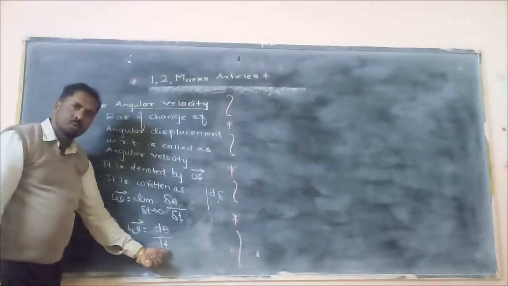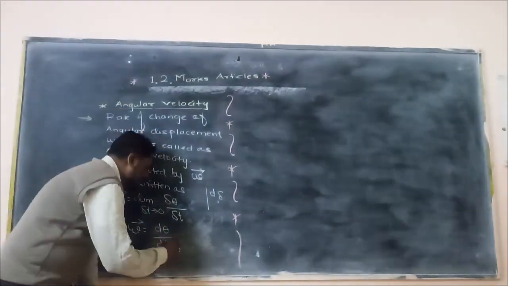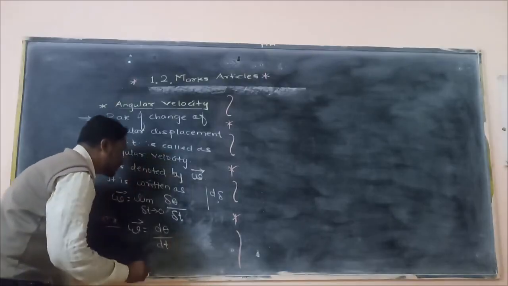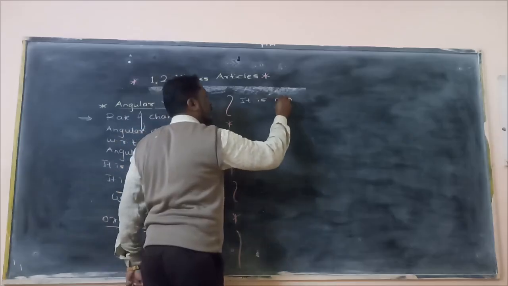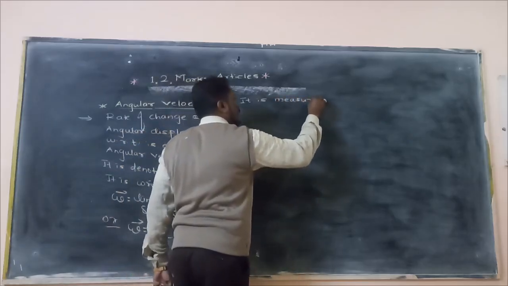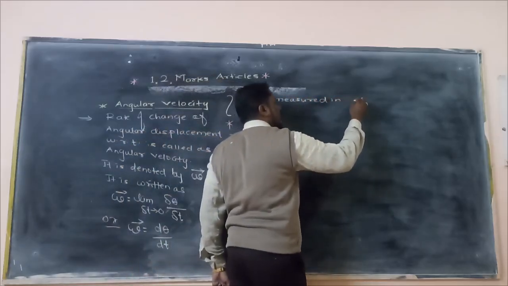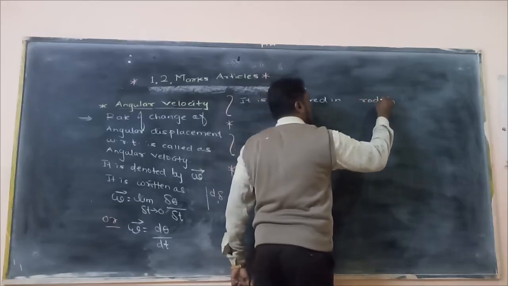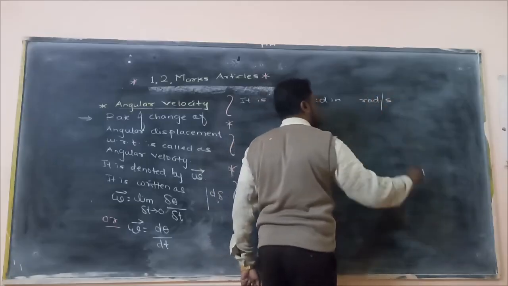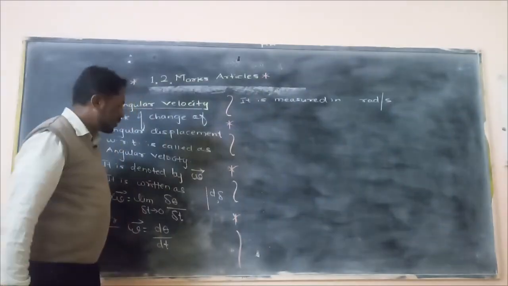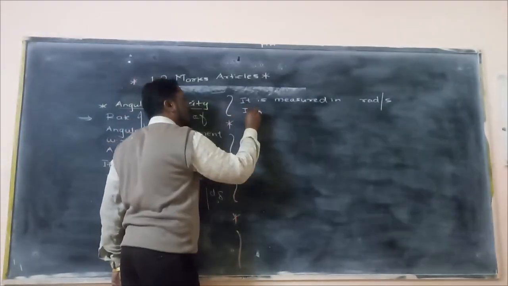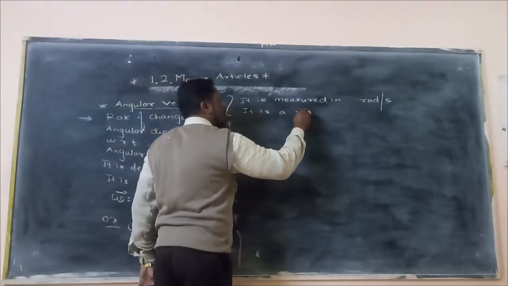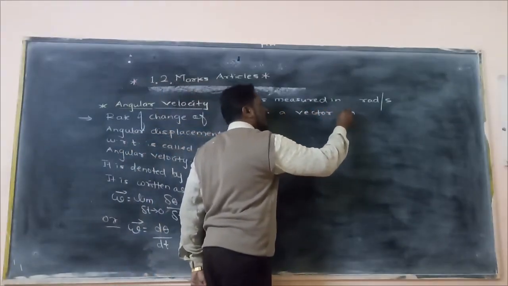Measured in radian per second. Angular velocity is measured in radian per second. It is a vector quantity.